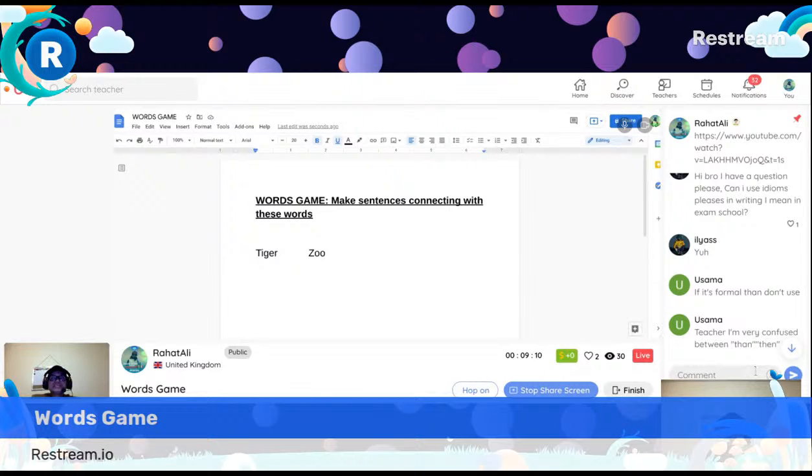Yes, it is "than". We use it when we're comparing something. Osama, okay, let me explain to you.